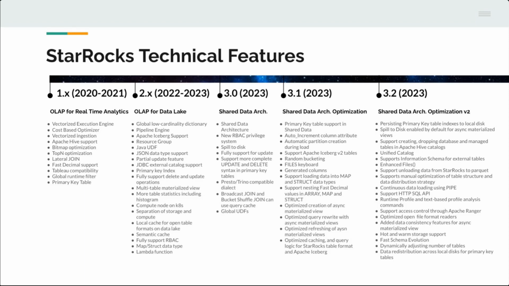It's not like we could just say everything that worked in shared nothing will work in shared data. We had to re-optimize it to work on S3 storage, so it's taking time to move capability by capability. We expect that by the end of the 3 series, we will have functional parity between the shared nothing and shared data architectures.